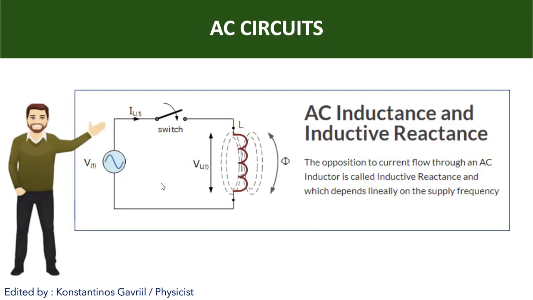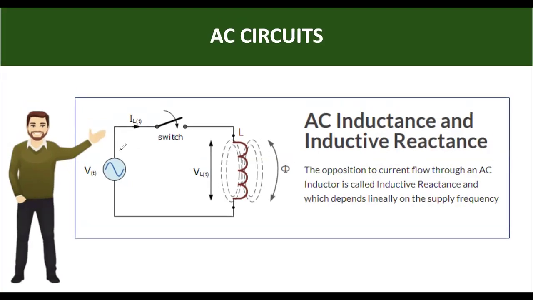Permit me to explain a little bit. When we have a positive and negative polarity in this way for the voltage source, and we have the current from the source in this direction, the inductor induces a voltage which we call V induced, which opposes the increase of the current.